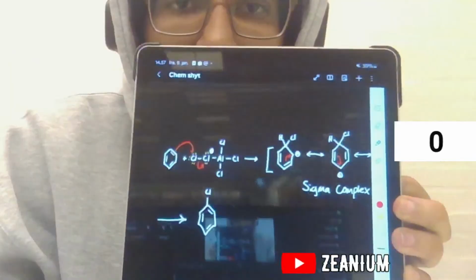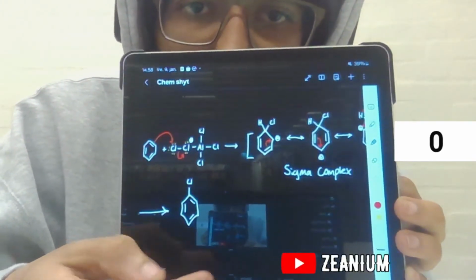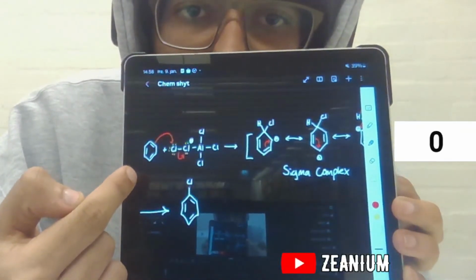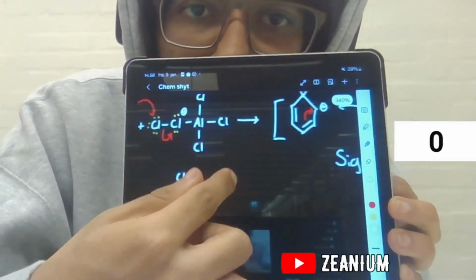Okay. So basically it's like this. Oh, that works pretty well. So the benzene attacks this compound. Wait, zoom in for you guys.